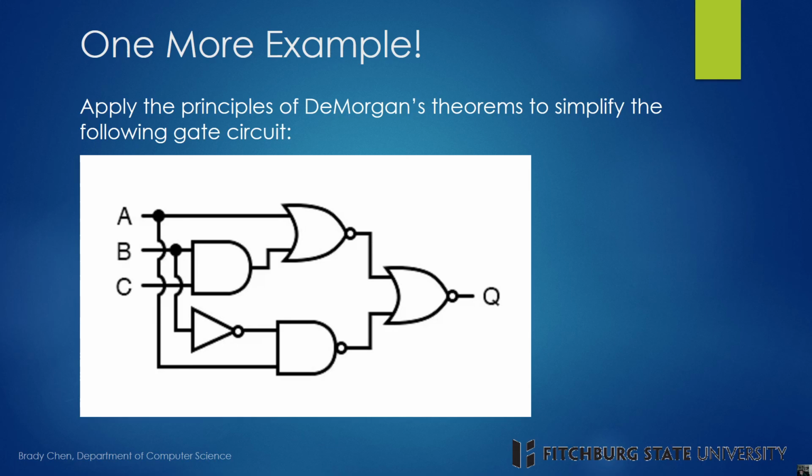Now, step number 3, we need to draw the circuit diagram for this simplified logic expression. Now in step 2, you can think about how to apply the principles of De Morgan's theorem. So that's basically what happens in step number 2.